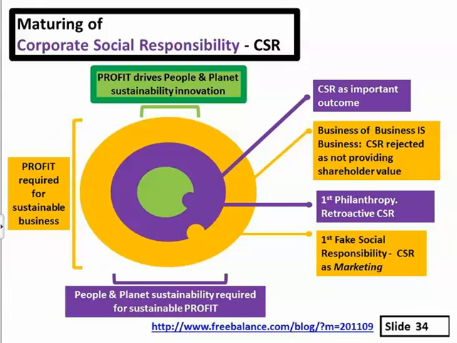Again, similar to Tom's Shoes, okay? Where Tom's Shoes is able to donate. Why? Because they are profitable. They make enough money off selling their shoes that there's enough extra money left to, instead of funneling all of that profit to their owners, funnel some of it into providing shoes to poor people around the country, or poor children around the world.